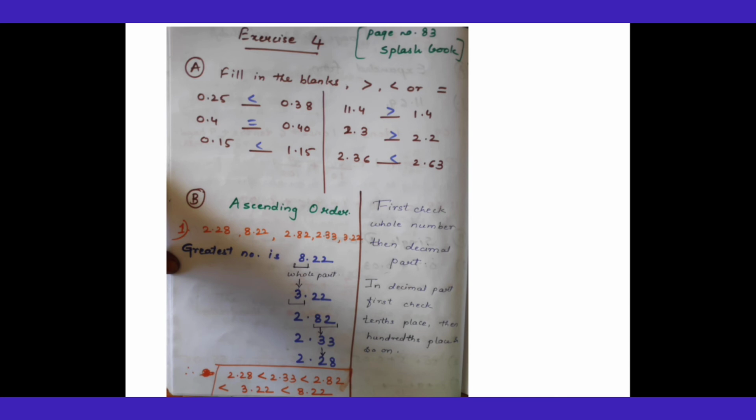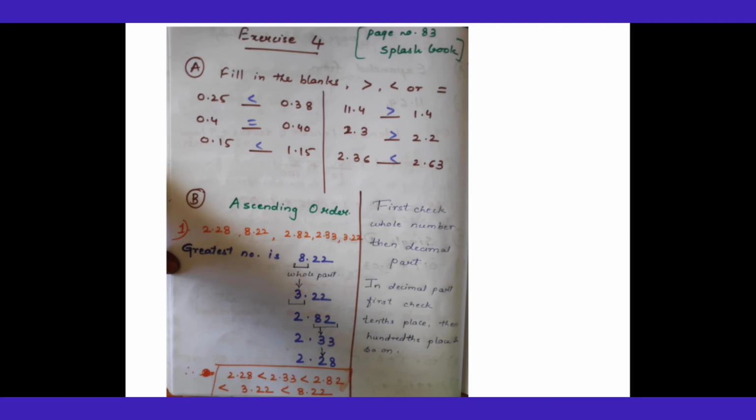Now how will you arrange them in ascending order? First check the whole number, then the decimal part. First arrange the numbers according to the whole part, and after that compare the decimal part. So here 8.22 is greater than 3, so 8 will be the greatest, 3 will be the second one, third will be 2.